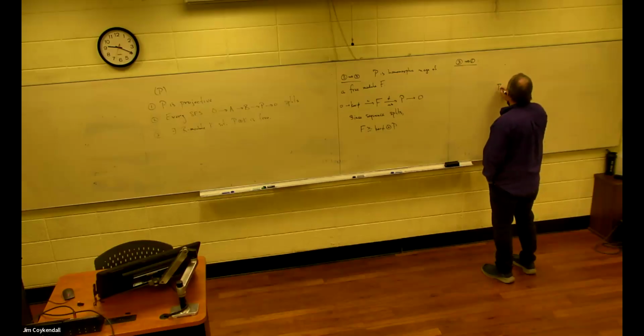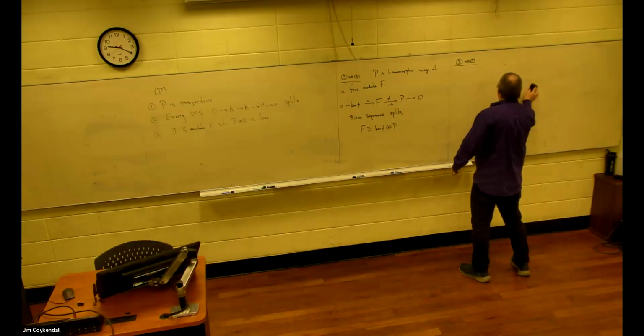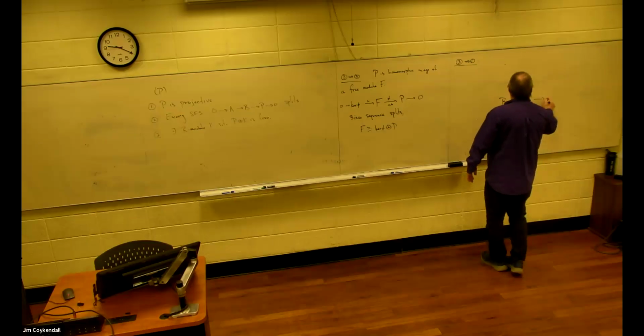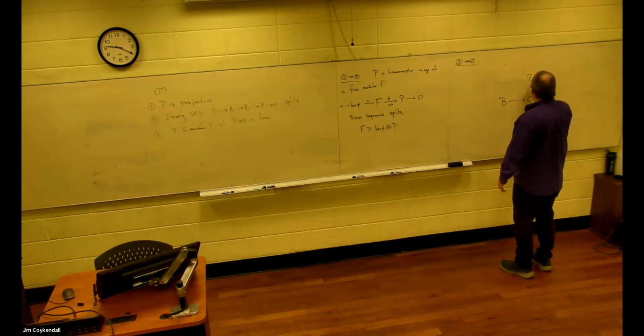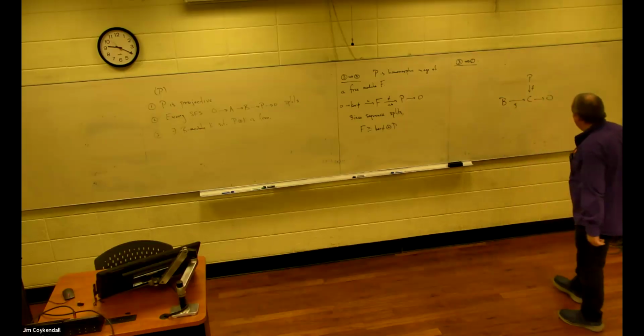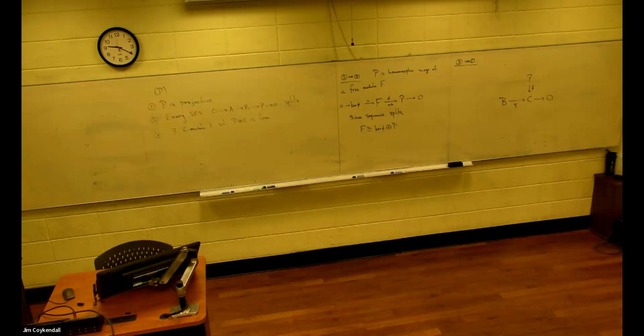So we have B, C, and I'll call these G and F. Now, I want to find some function that goes from P to B that makes the diagram commute.